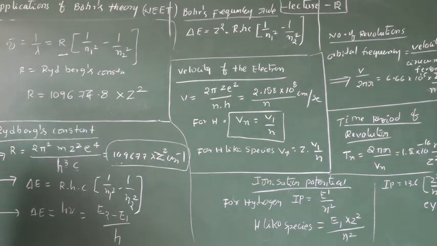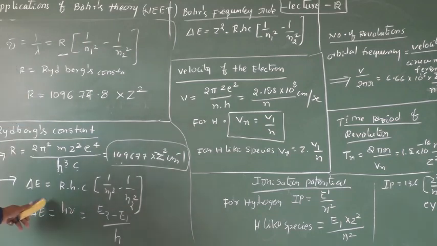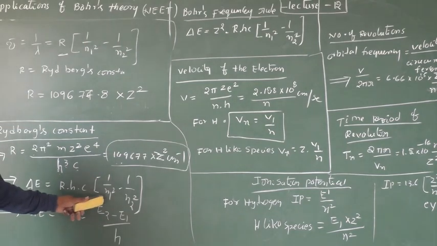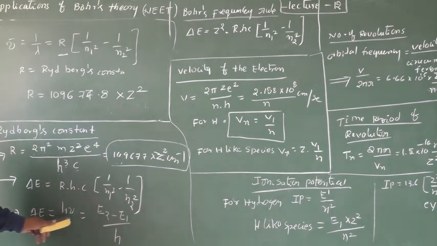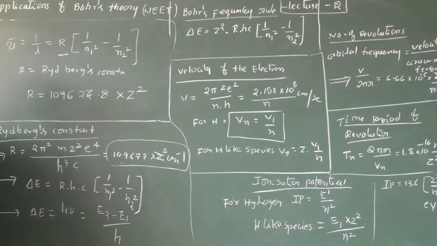Delta E we know. According to Bohr's theory, delta E equal to E2 minus E1 equal to h nu. Therefore delta E equal to R h c into 1 by n1 square minus 1 by n2 square. Nu equal to c by lambda, so h c by lambda.